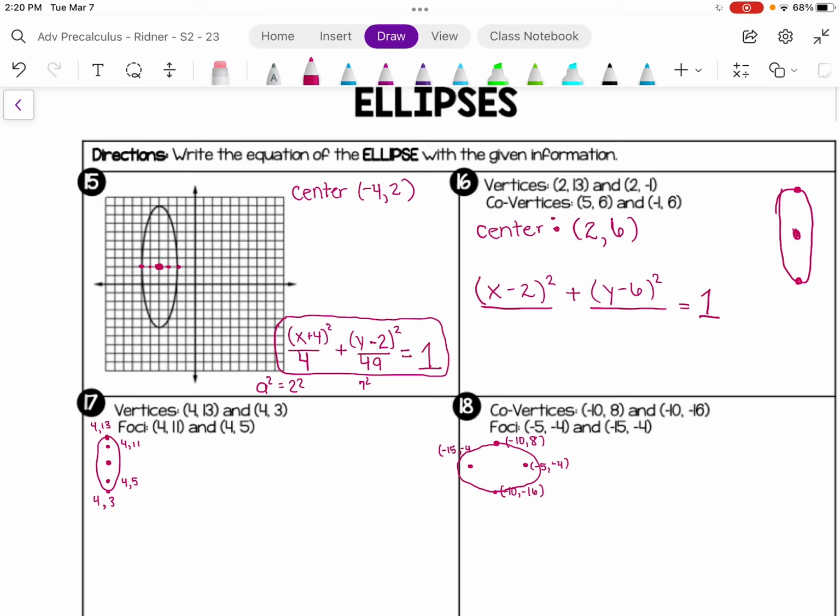That's my y value. That's a space of 7. So 7 squared is 49. For co-vertices, going left to right, going from 2 to 5 is actually 3. And 3 squared is 9.